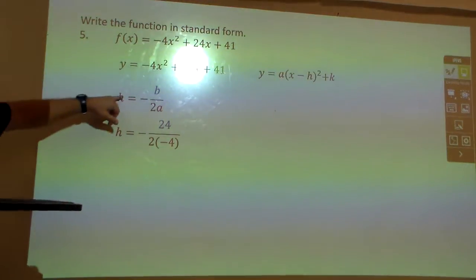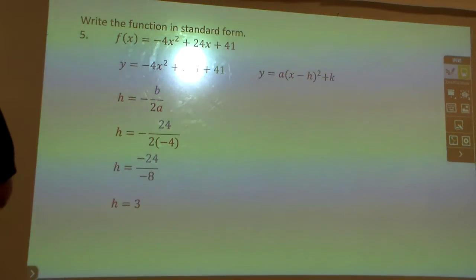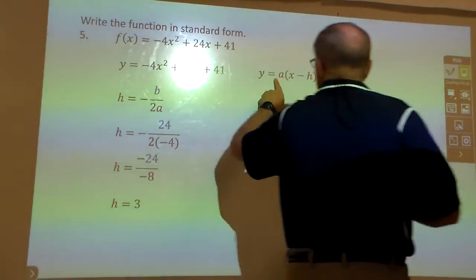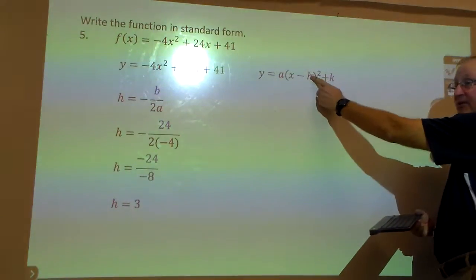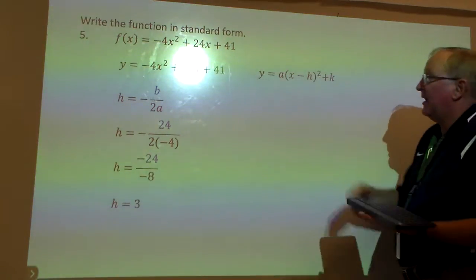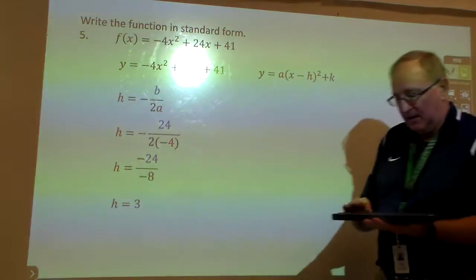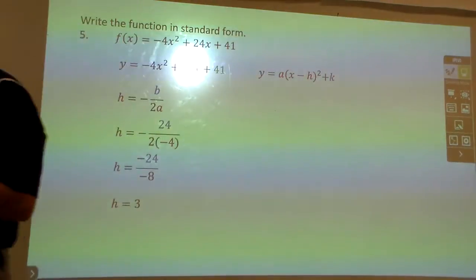Now then, negative of this 24, over 2 times -4 is going to be this here. -24 divided by -8 makes positive 3. So what I know already, this is -4, and because it's +3, I'll write it as -3. The only thing I'm missing now is k. I have a. I have h. I need k. And how can we find k?